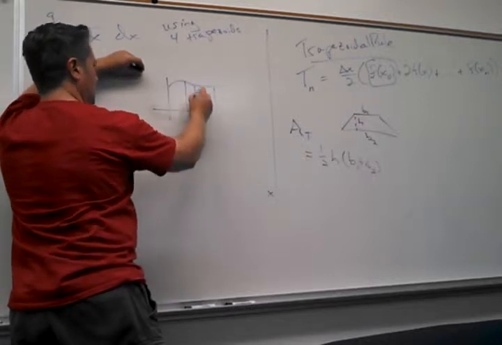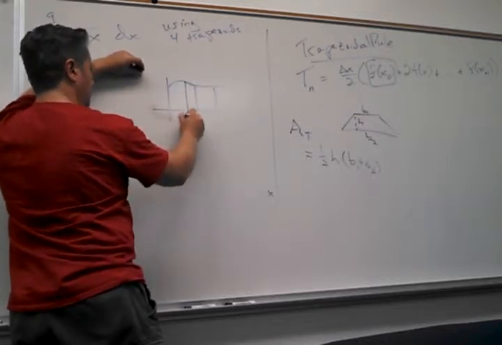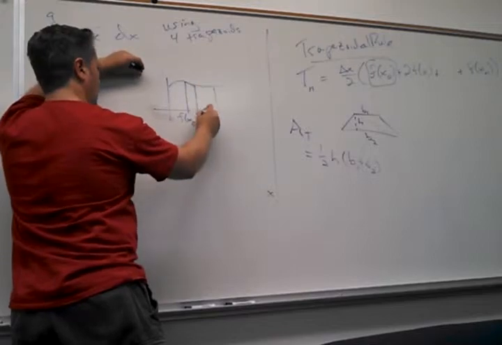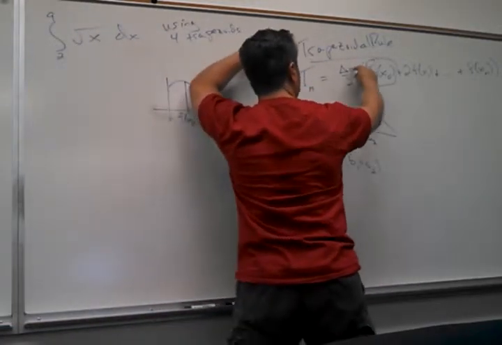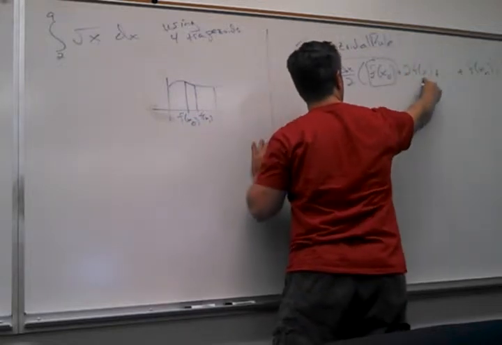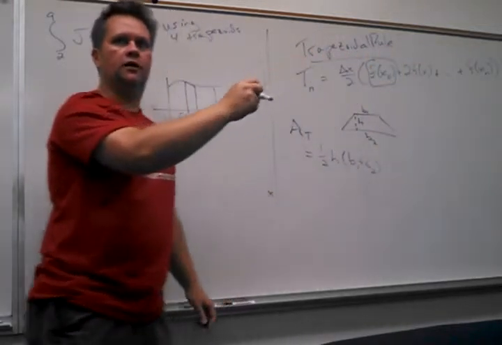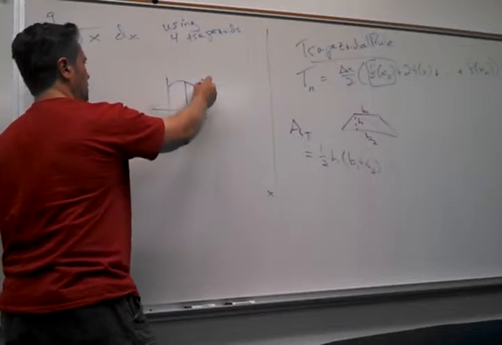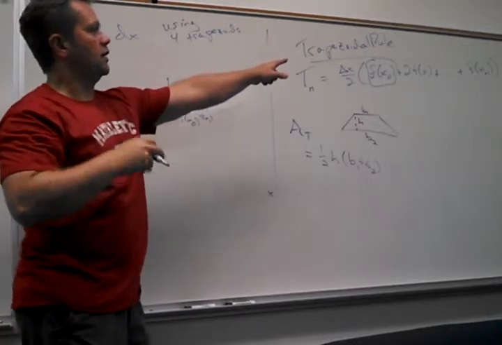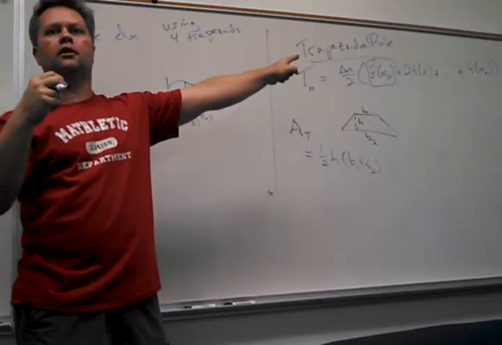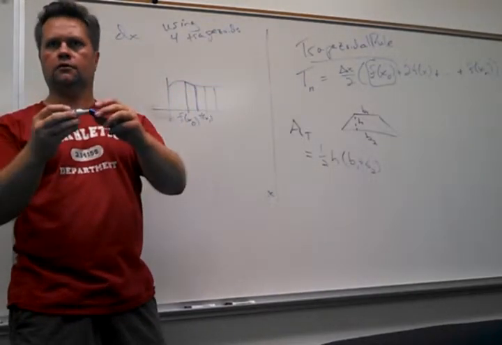If I use it here, this would be a base, that's f of x0, and this would be a base, that's f of x1. You with me? So you can see 1/2 the height, f of x0 plus f of x1. That would be the first trapezoid. The next trapezoid would be f of x1 plus f of x2. And that's another way to see why there's double of some of these and not of others.